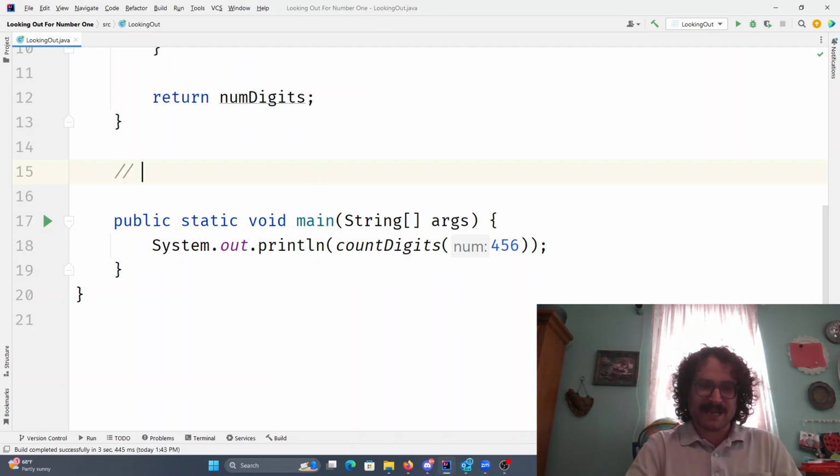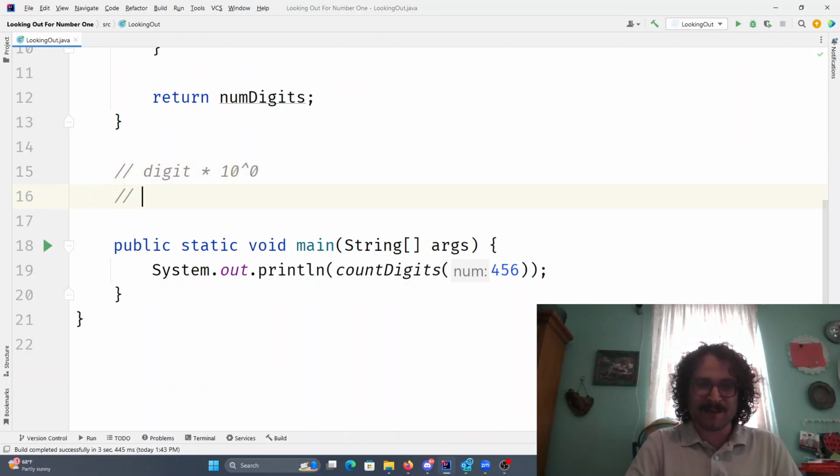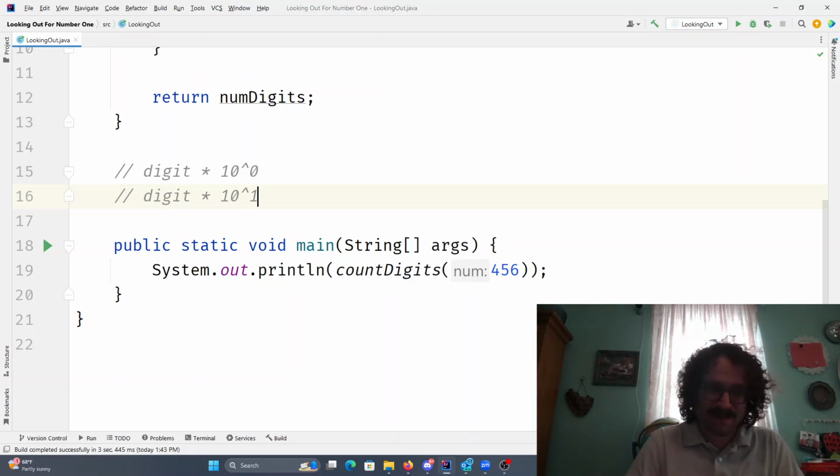Well, the way it makes sense is that the ones place is technically some digit multiplied by 10 to the 0th power. The tens place is the digit times 10 to the first power, right?